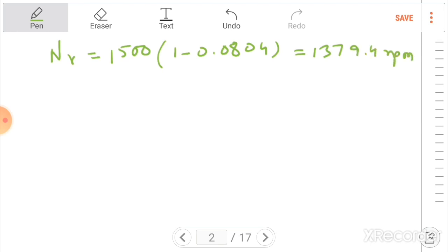We can see that it is less than the previous speed of 1460 rpm. As slip is increased, speed is reduced.